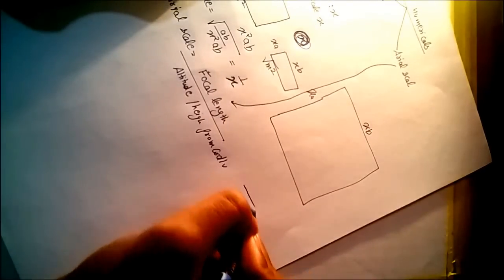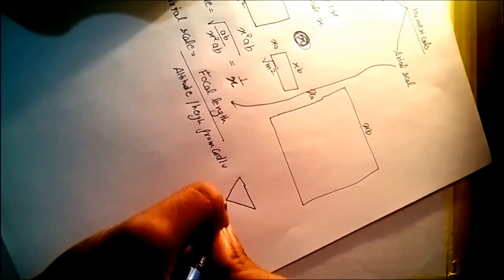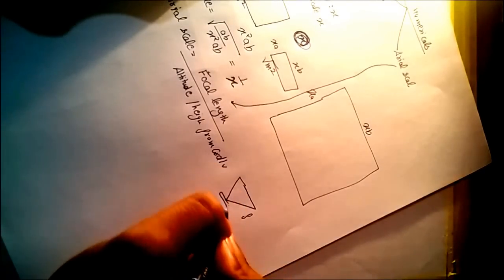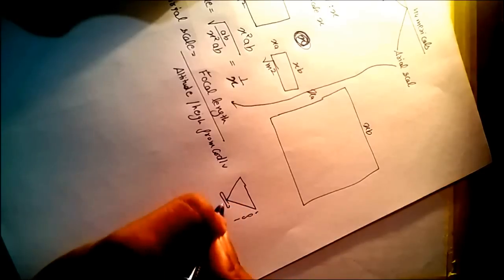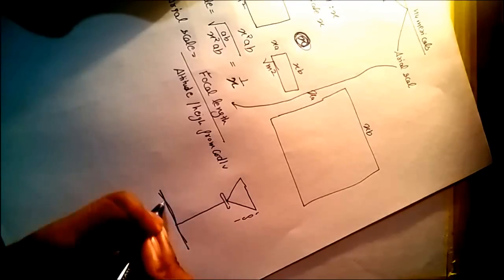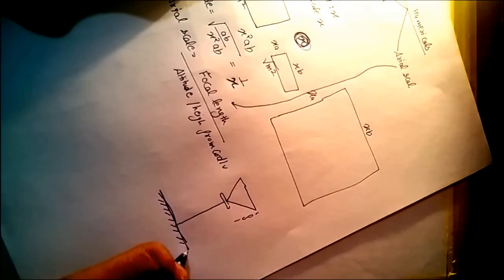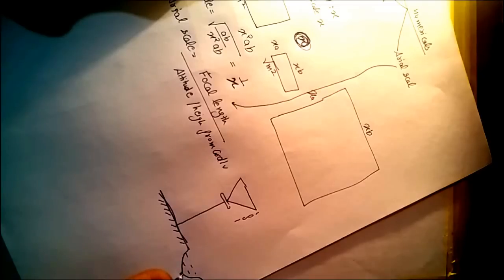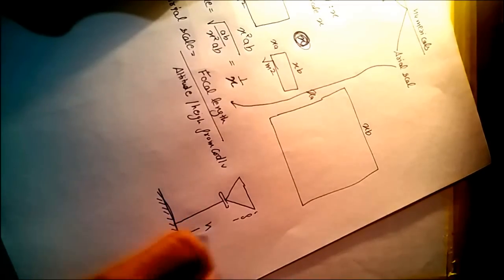Means if this is the focal length, here is the lens, the height we're going to take from here, this is the land, and sometimes it is given water level, sea level, but we are going to take the height from here.